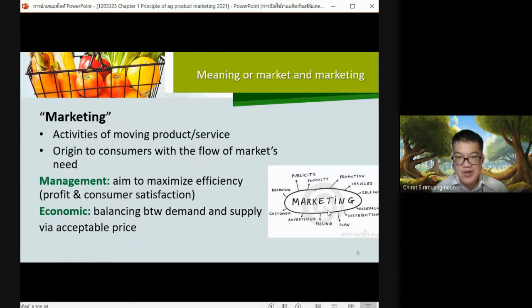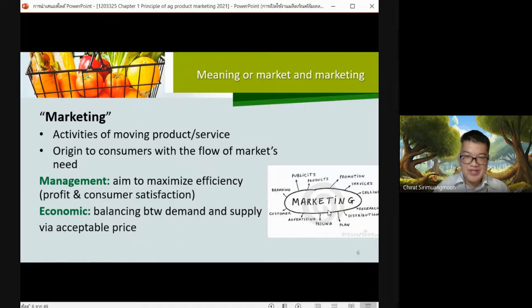If you need something, for example, if you need some drink, then you need some other factors or components that lead you to go to 7-Eleven, for example. And that process is what leads to the marketing system.